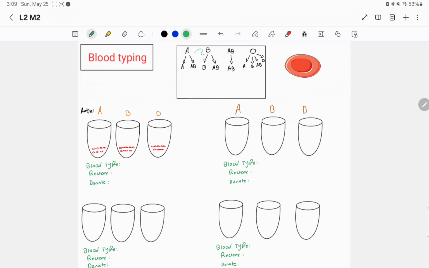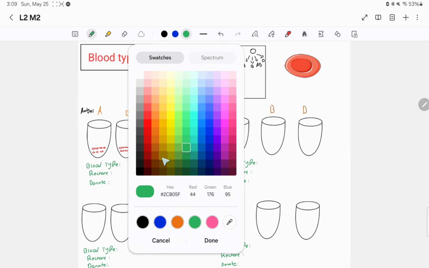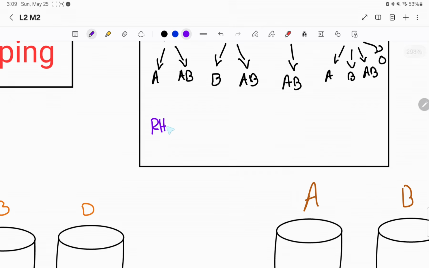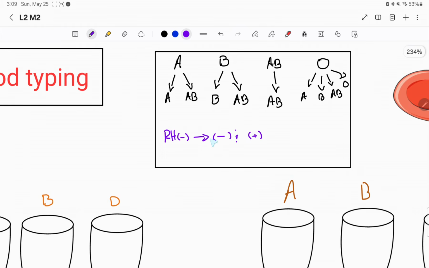Now, this is just the blood groups. What about the rhesus factor? Well, if you are Rh negative, you can give to somebody who is negative and positive. Why can you give to somebody who's negative? Because they're the exact same as you.